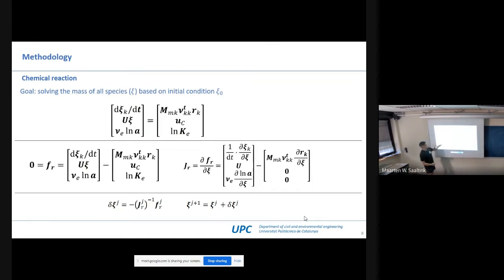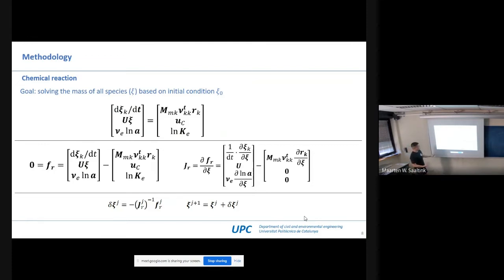Then we iterate to solve this system, and we get the mass of all the species when the change goes to almost 0. This is how we solve the chemical reactions. When we solve these chemical reactions, we do not consider transport, so there is no transport.